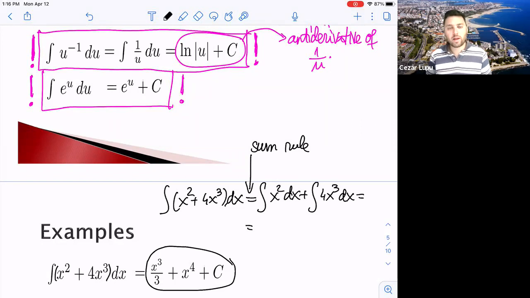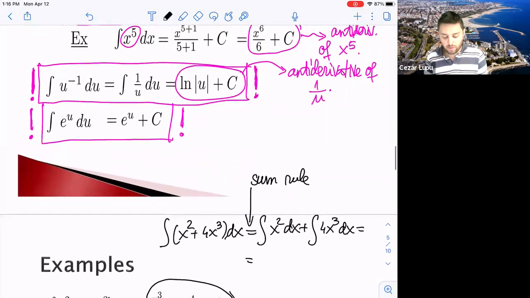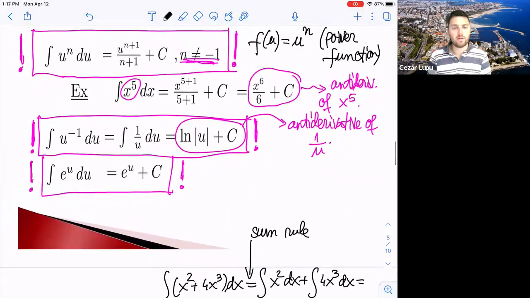Can we compute the first integral? Can we express the first integral based on what we know so far? You see, is there a rule that will allow us to do that? You see it here? Look at it.